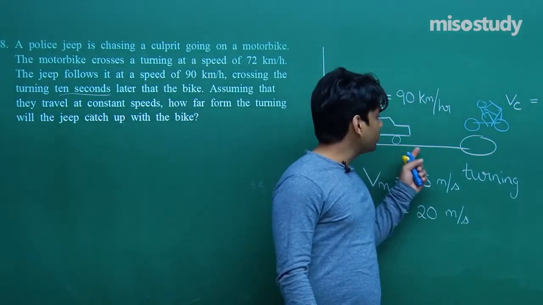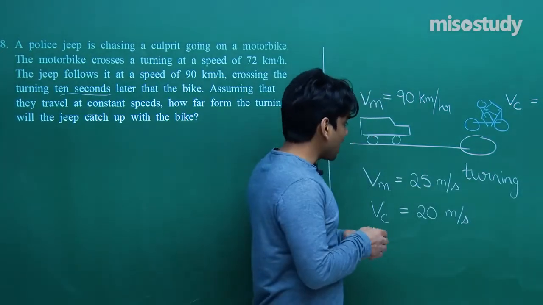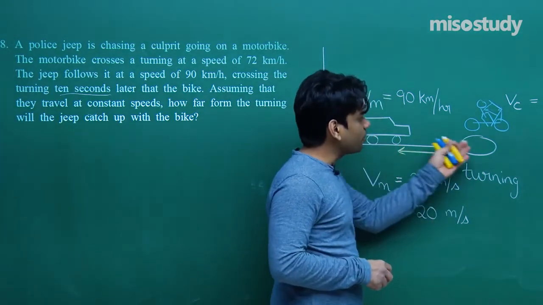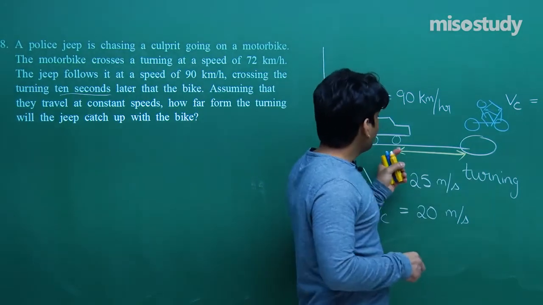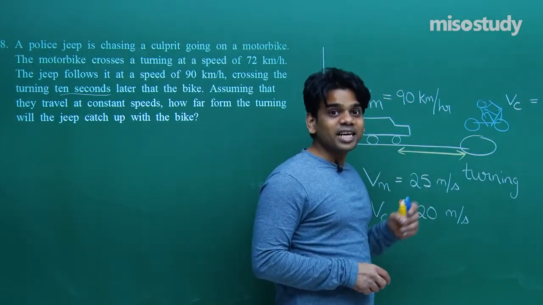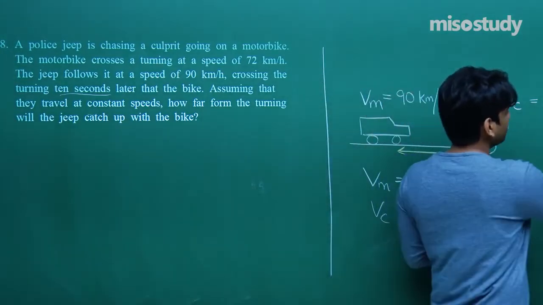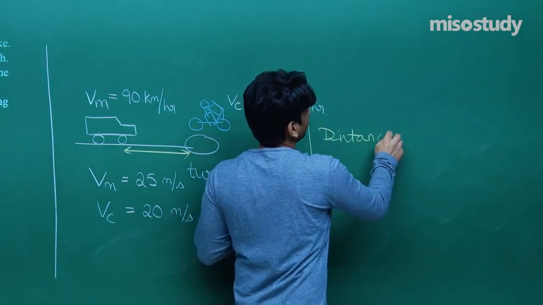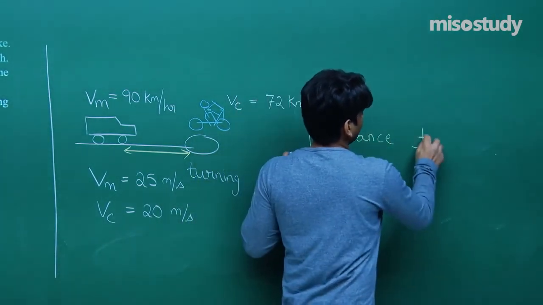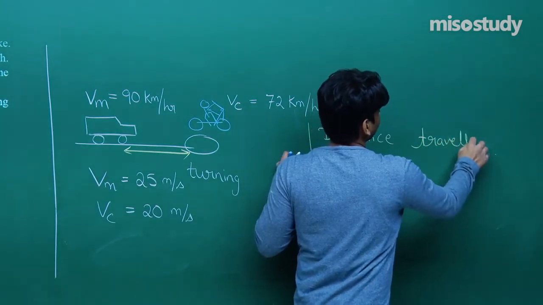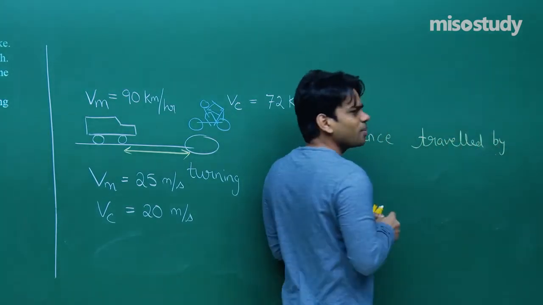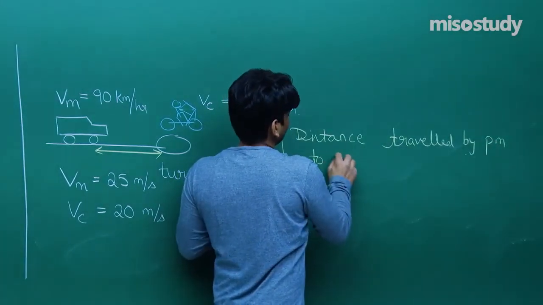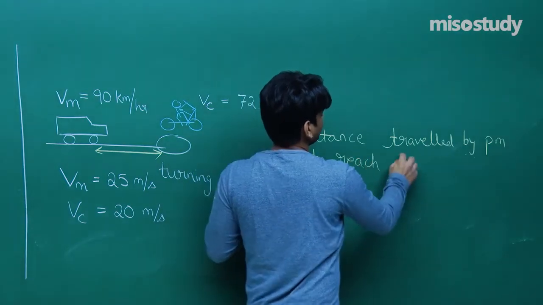Let's see what will be the distance of this. The policeman would have traveled for 10 seconds. Now, the distance traveled by policeman, PM in short, to reach the turning will be his speed into 10 seconds.